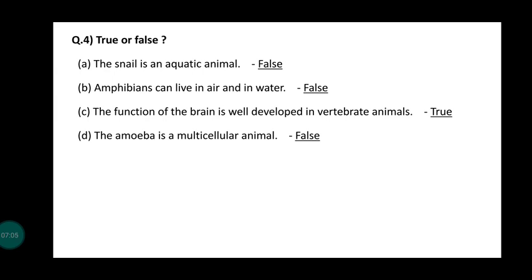The next one, question number 4, true or false?